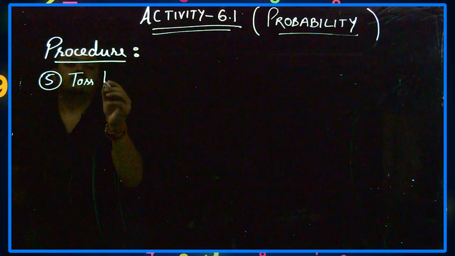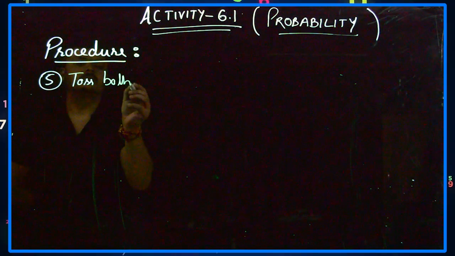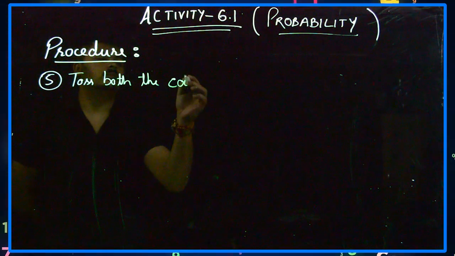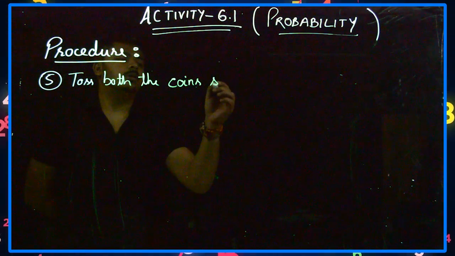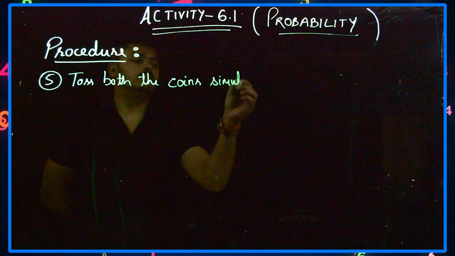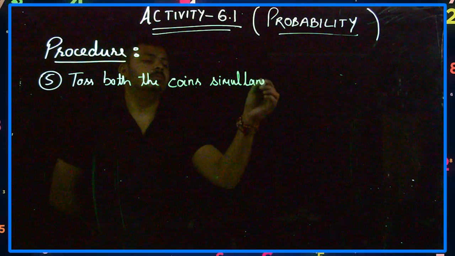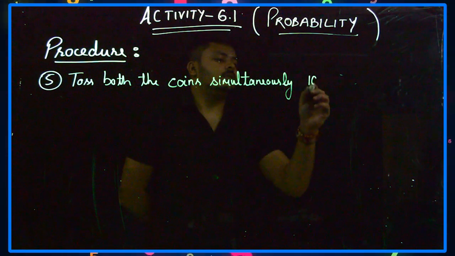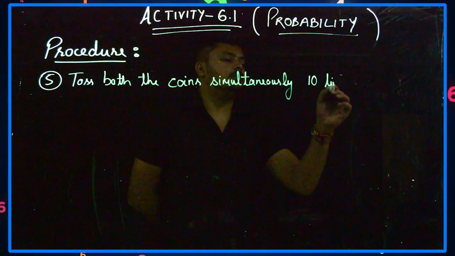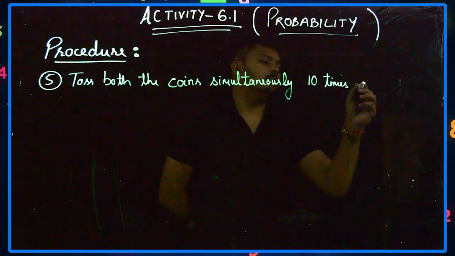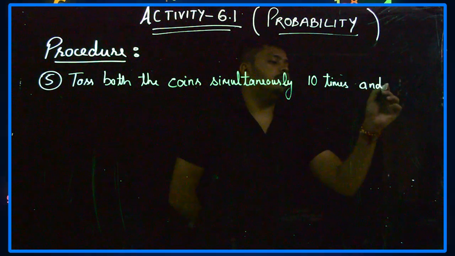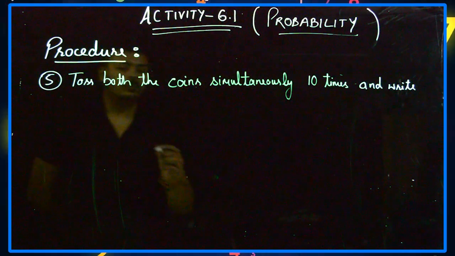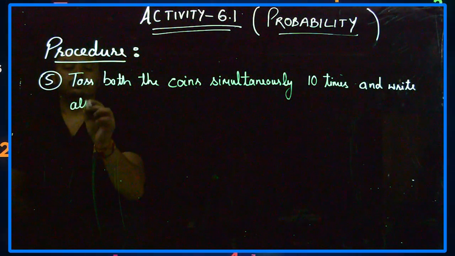Now step 5. Toss both the coins simultaneously ten times and write all the outcomes.